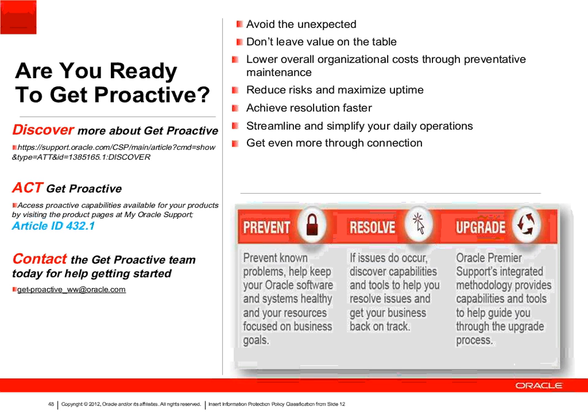To learn more, please explore the KM note that's listed there, 432.1. You'll discover more about getting proactive. If you have any additional questions, please contact the proactive team, and their email is listed there as well, getactive_ww@oracle.com. Next slide, please.